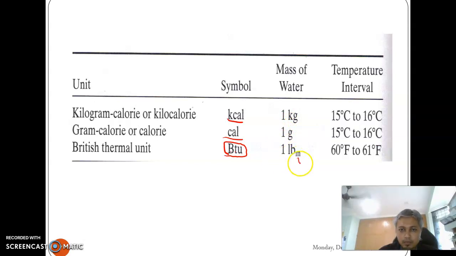This M refers to mass, and lb refers to pound. The temperature interval is 1 degree C each, however for British thermal unit it is 1 degree Fahrenheit.